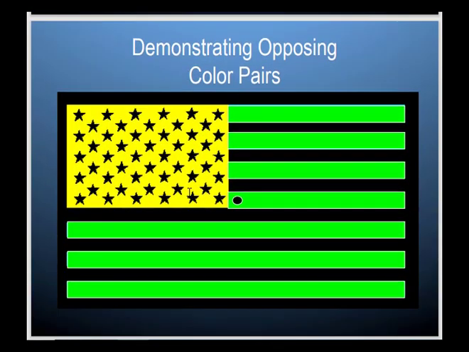All right, so here is this idea of demonstrating the opposing color pairs. So what I am going to do here is have you stare at this image, and then I am going to quickly flash up a white background, and what you should be able to see is an after image effect. So to make this work the best, you need to stare straight at this dot in the center, relax your eyes, all right?